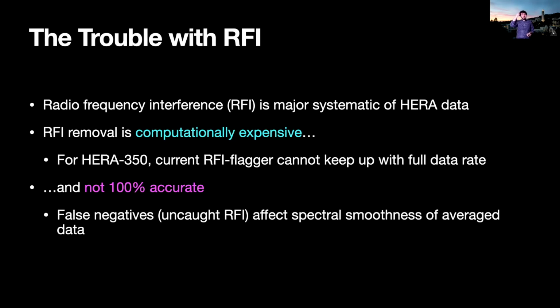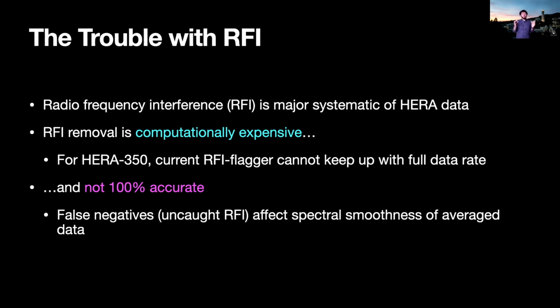One thing that we have a perennial problem with is radio frequency interference, or RFI, which is a major problem in HERA data. As I mentioned, we're observing between 50 and 250 megahertz. When you turn on your FM radio, for instance, that's right around 100 megahertz, 90 to 100 or so.